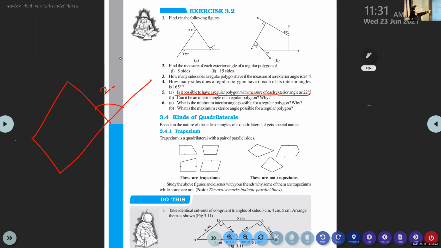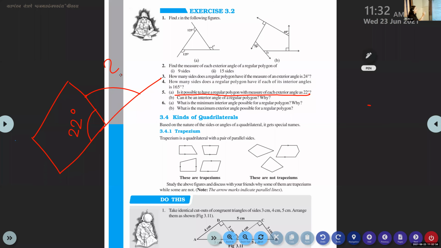Again, B question: this 22 degree, can it be an interior angle? Interior angle 22 degree, is it possible? No. Because if the interior angle is 22 degree, what will be the exterior angle?